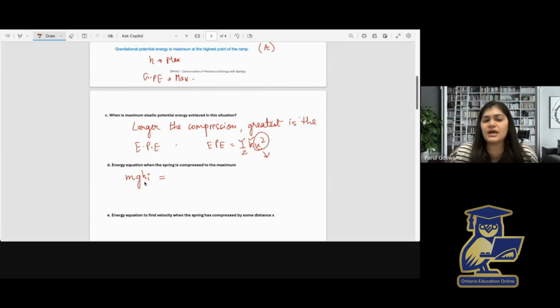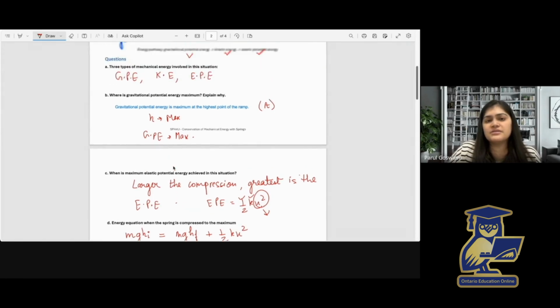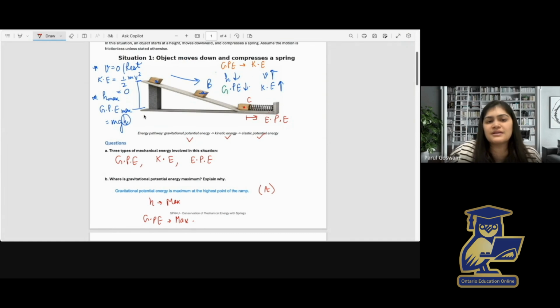So mgh initial, which was the initial energy, has been transformed into two forms of energy: mgh final plus half kx squared. In this diagram we can see this is our reference level, and the reference level and point C are on the same level.